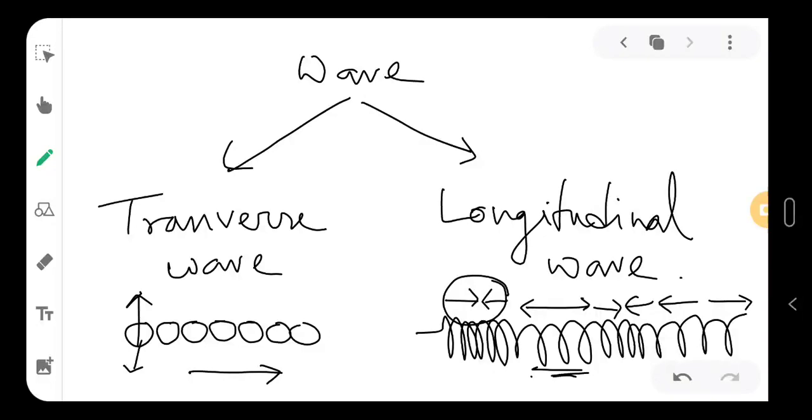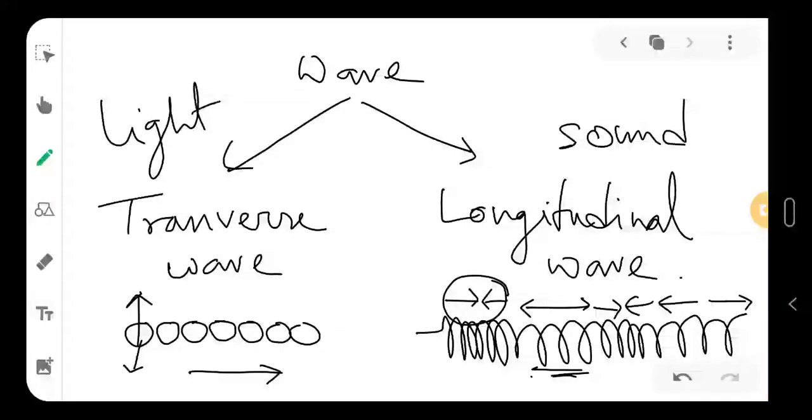We know that sound is nothing but the vibration that we create in our vocal cord, and this vibration carries the energy through the medium, that is air in that case, and then somebody can catch it with their sensor. So sound is a longitudinal wave, and light, or the EM wave, is a transverse wave. Okay.